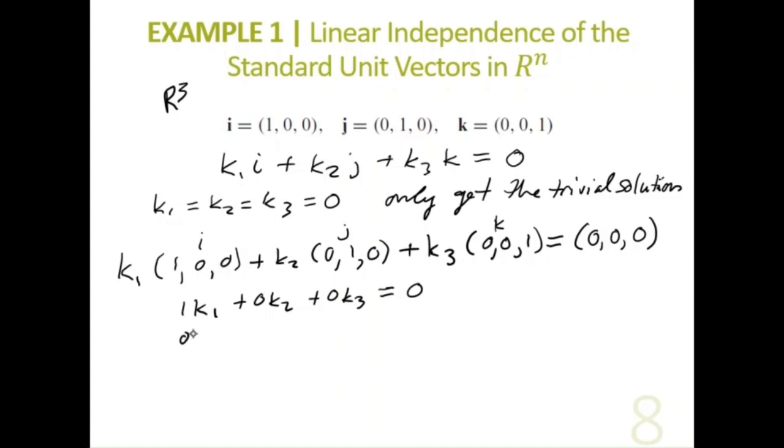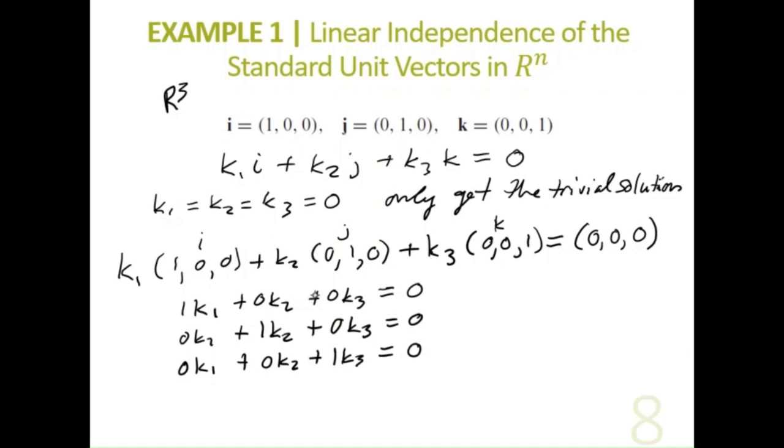Our next one is going to be 0k1 plus 1k2 plus 0k3 equals 0 for all our second components. Then we have a third equation: 0k1 plus 0k2 plus 1k3 equals 0.